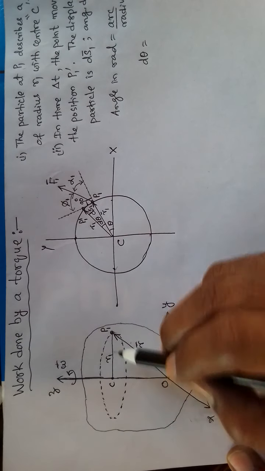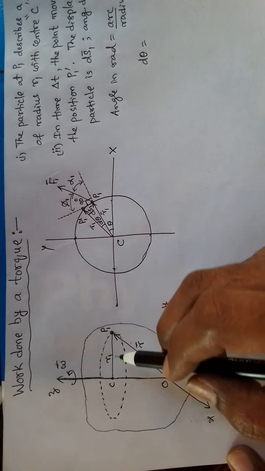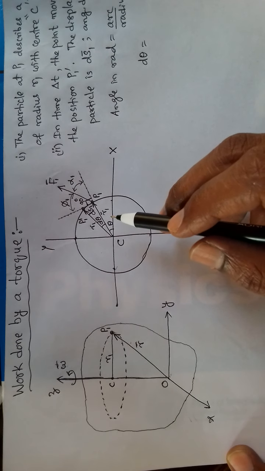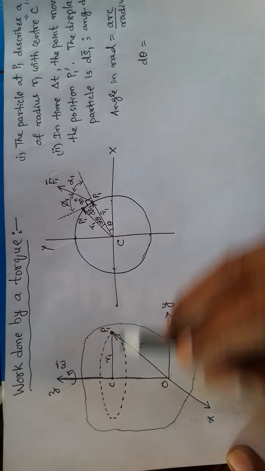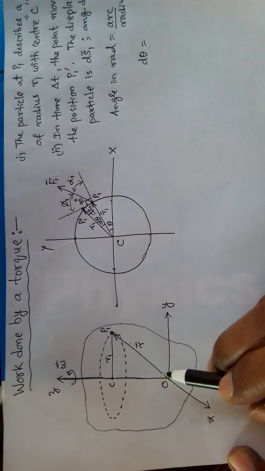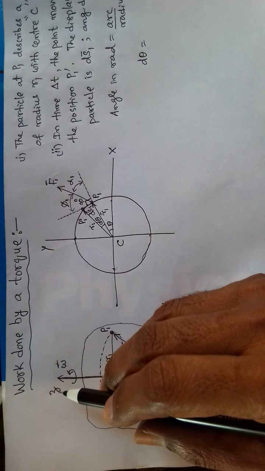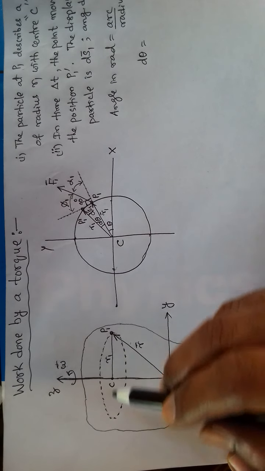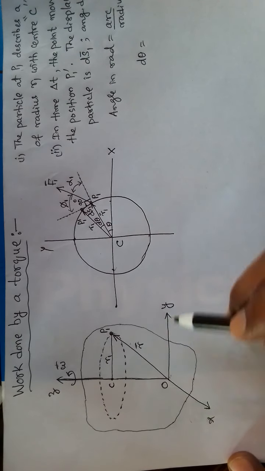Here let us concentrate on this circle. So this circle diagram is shown separately here. See, the circle lies in xy plane and the axis perpendicular to the circle is z axis, and in the plane of the circle there is x and y axis.